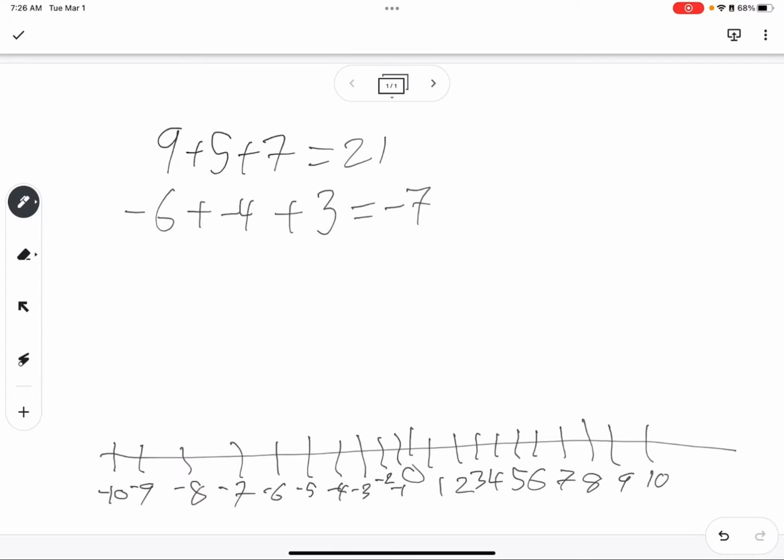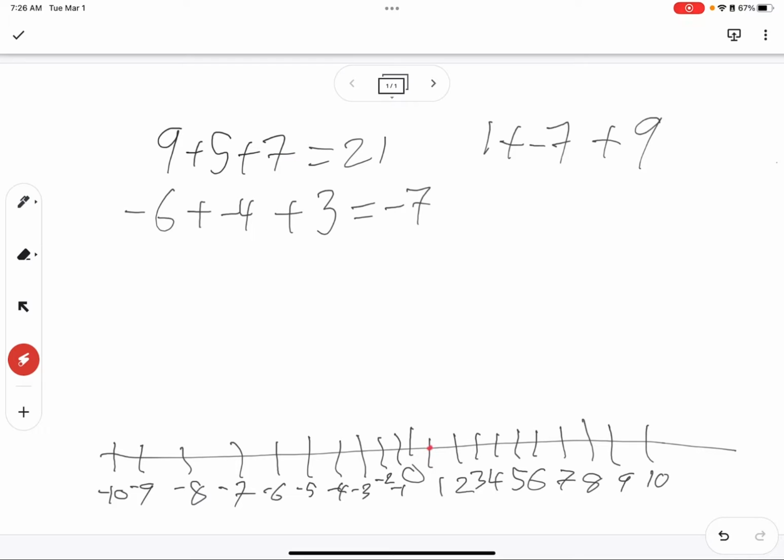Okay? So let's look at the next problem we have to do. Since I've got my number line already, the rest should be simple. 1 plus negative 7 plus 9, okay? So again, I'm starting at positive 1, to the right of the 0, and I'm going to add a negative 7. Since I'm adding a negative 7, which direction am I going to go? To the left.